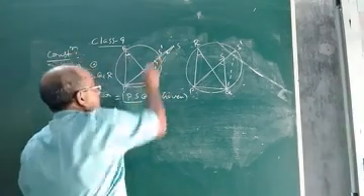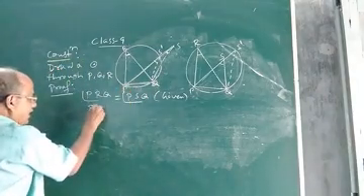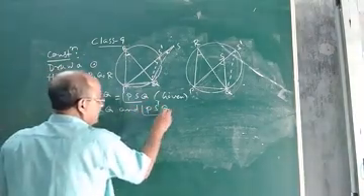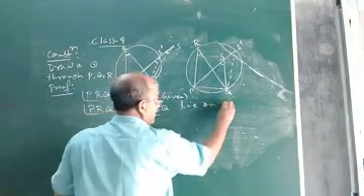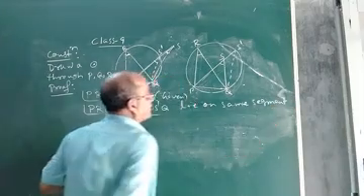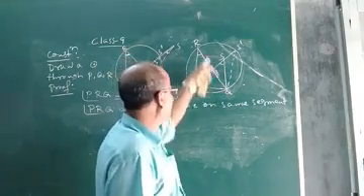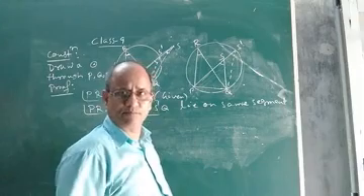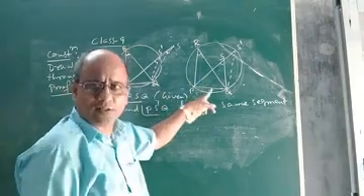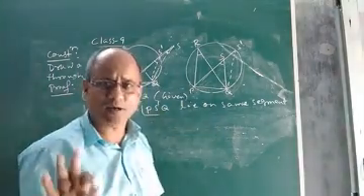Look at angle PRQ and angle PS'Q. They lie on the same segment of the circle. In both the figures, angle PRQ and angle PS'Q lie on the same segment of the what?